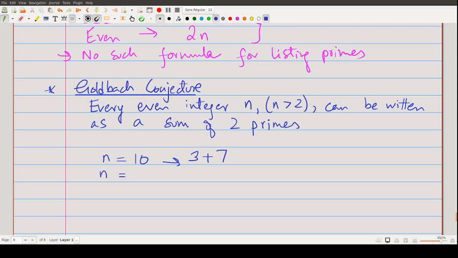If n is equal to 12, you can write this as 5 plus 7, of course. And so every even integer can be written as a sum of 2 primes. If you have 22, you can write this as perhaps 17 plus 5, and so on.